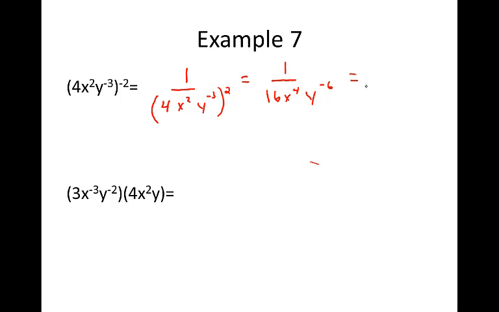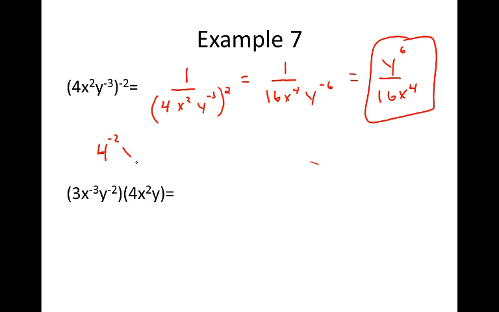And let's rewrite this one more time. This y to the negative 6 I can push up top. So y to the 6th over 16 x to the 4th. Now maybe it would have been easier to go ahead and apply that negative 2. Let's try that. So method 2: 4 to the negative 2, x to the negative 4, y to the 6th.